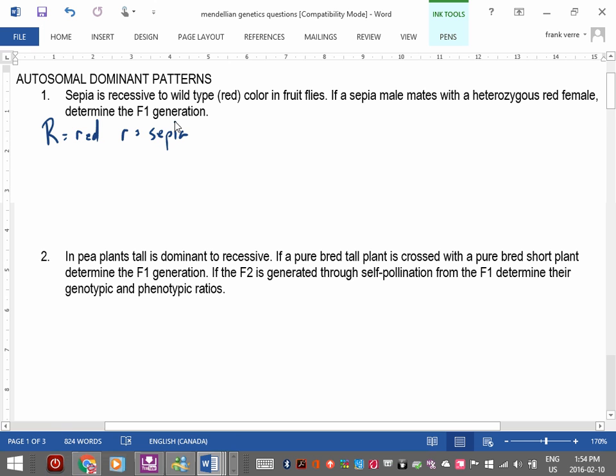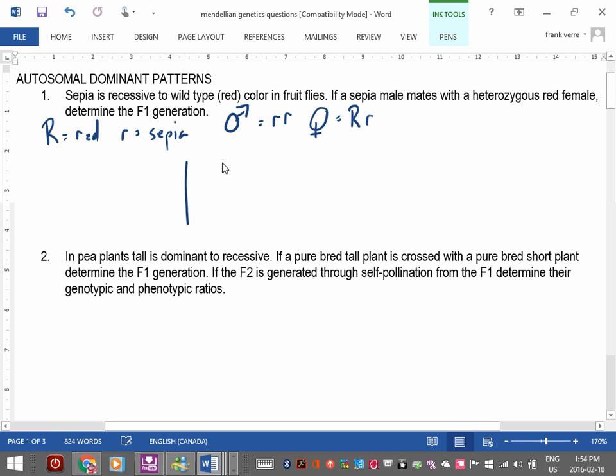They're all brownish eye color. So it says a sepia male mates with a heterozygous red female. So if a male is sepia, that means the male must be little r, little r. The female is heterozygous, so she must be big R, little r.